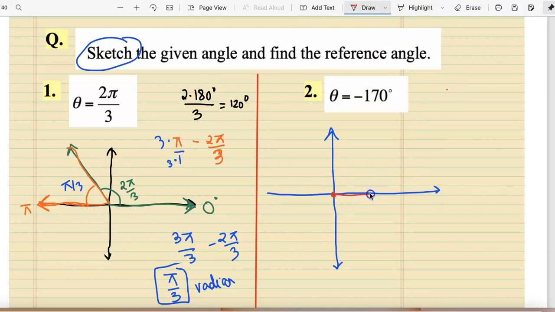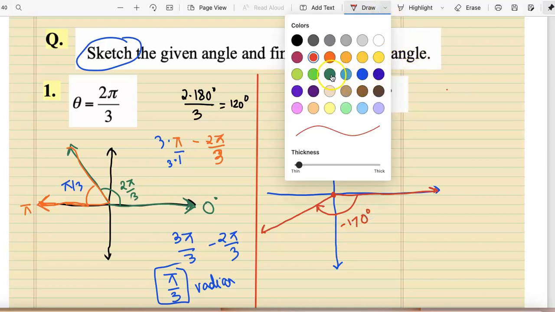This is my standard position over here. When I go from here, this is my 90 degrees. If I take the complete half rotation, there's 180. I need 170, so negative 170 should be somewhere here. I'm estimating, it's not accurate. All right, so this is my negative 170 degrees.